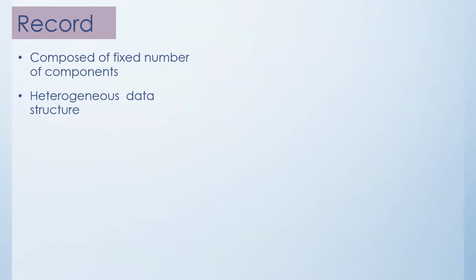Next is record. A record is a data structure composed of fixed number of components of different types. Heterogeneous data structure. The components of records called fields may be heterogeneous. In C, a record is declared as structure.